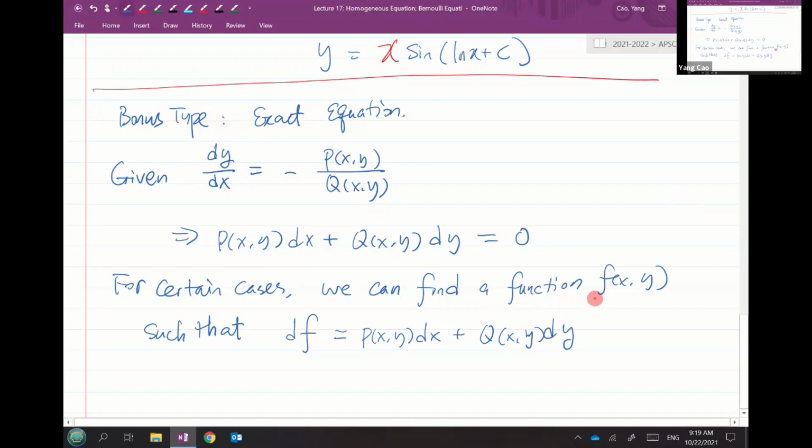So basically, if I read it again, somehow there exists a function f of x, y, and remember, what do we call this, df? What do we call this in 248? Sorry, one by one.